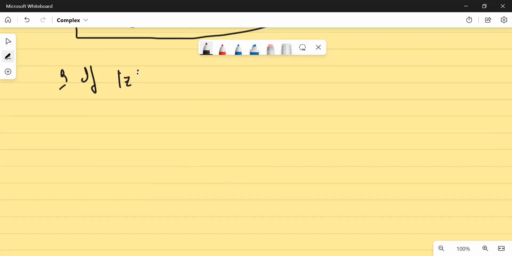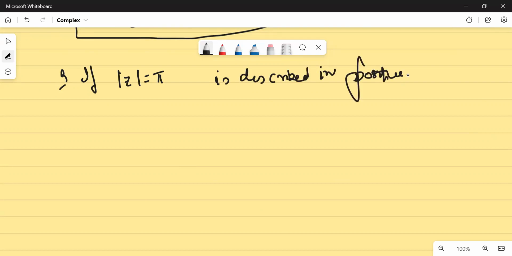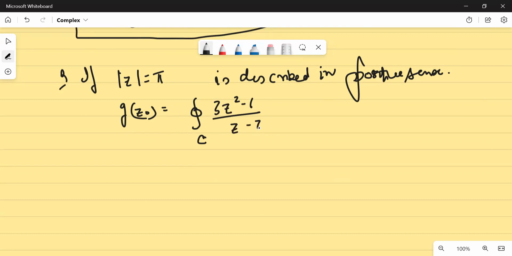If we are talking about a contour mod z equal to pi described in the positive sense, that is anti-clockwise, and g(z naught) is equal to the integral of 3z square minus 6 divided by z minus z naught dz, calculate g(2).